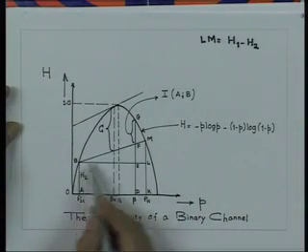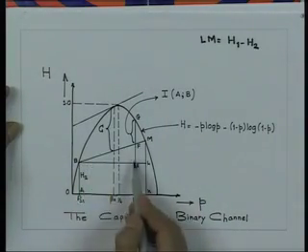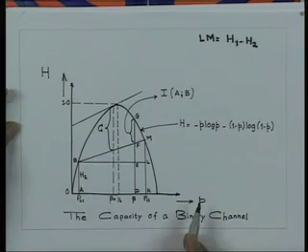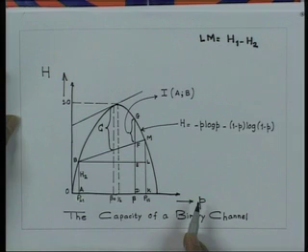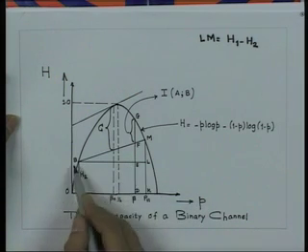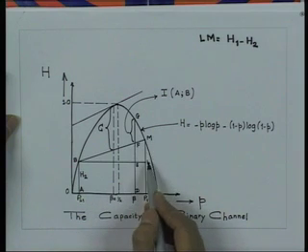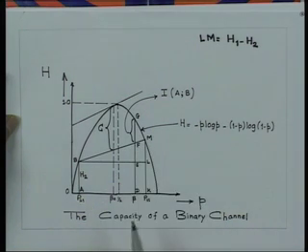Now, triangle BEF and triangle BLM are similar. Therefore, BE upon BL is equal to EF upon LM.